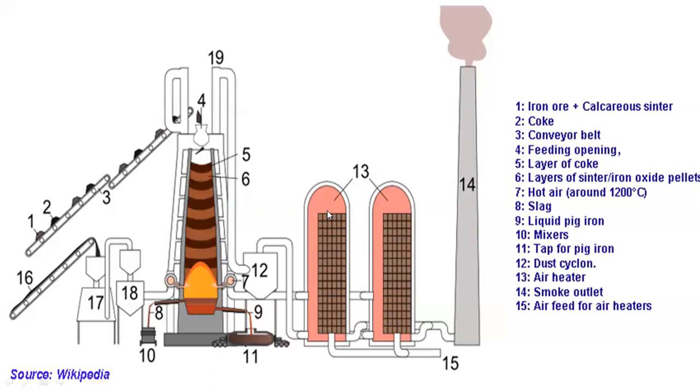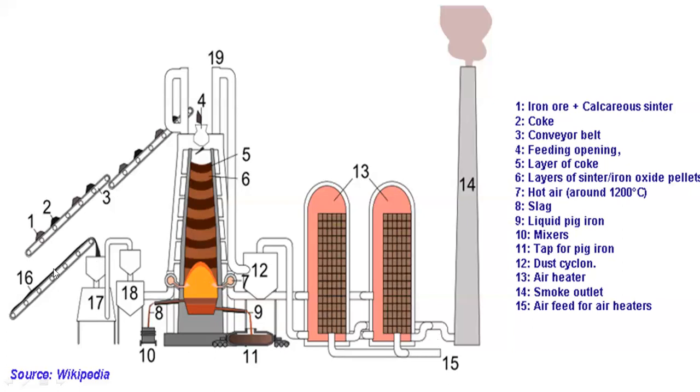Basically, these two are the blast furnace coke oven gas making heaters, air heaters. When you heat this heater up to 1200 degrees centigrade, the air is sent through the tuyeres into the blast furnace. And 14 is the smoke outlet and 15 is the air feed for the air heaters.